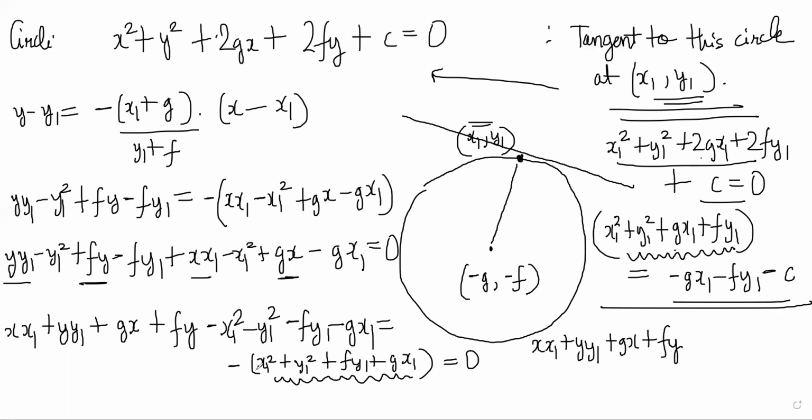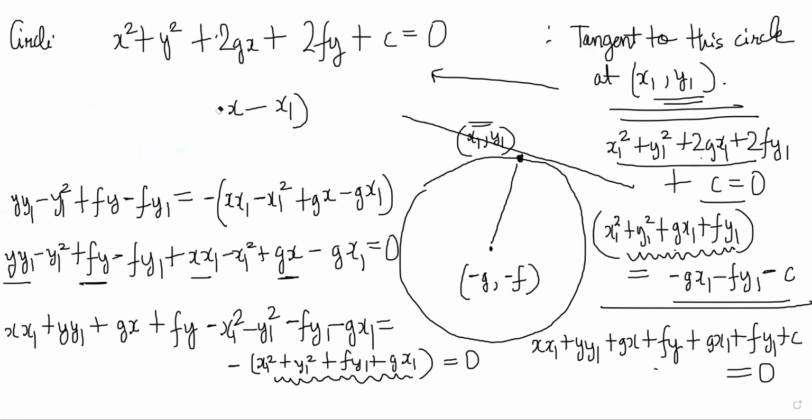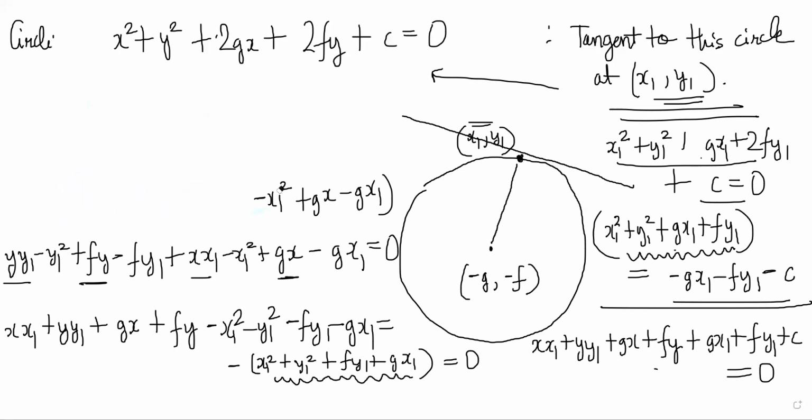And then there is a minus of this minus, right? So it will become a plus gx1 plus fy1 plus c is equal to 0, right? So now notice that the equation of the tangent that we are getting after a little bit of simplification and putting this from here, what we get at the end is this equation.